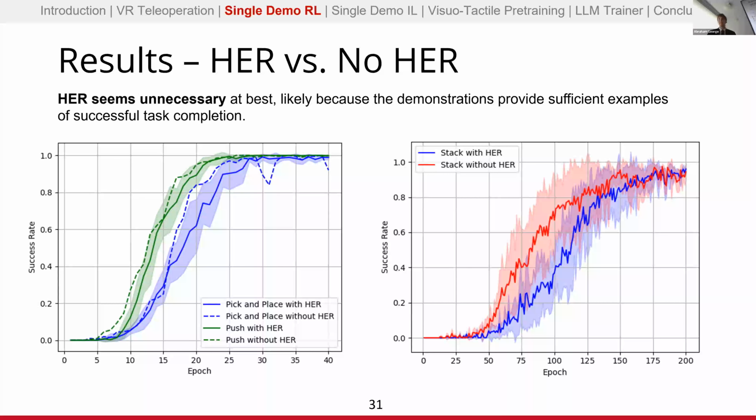So for hindsight experience replay, for anybody who's not familiar, the idea here is that we take a failure case. For example, block stacking, we would place these two blocks somewhere in the scene, and then we edit the goal so that it becomes a success. So for this case, when we did HER, we just said, wherever the blocks ended up, that's successful.